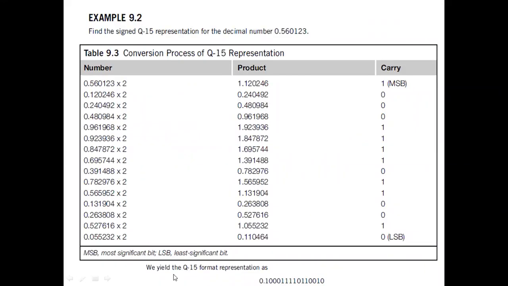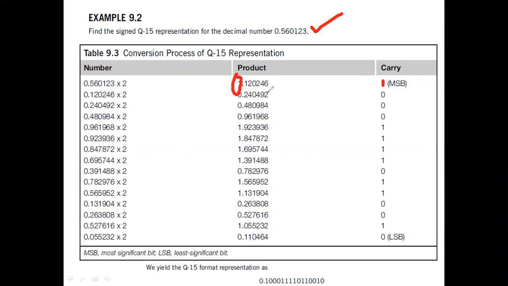So how do we do this, by the way? You can do these things on paper, but if a decimal value is given and you are asked to convert it into a Q15 notation using a computer, then you had better know what sort of algorithm you can go for. And see here, they have given the method, and it is handy even to be solved on notebooks. What you do is multiply the number, and the carry is preserved.